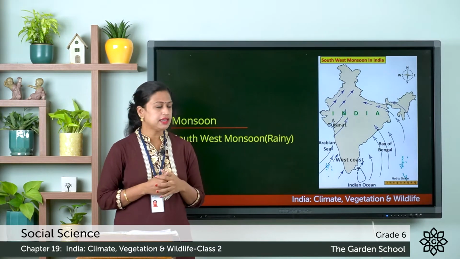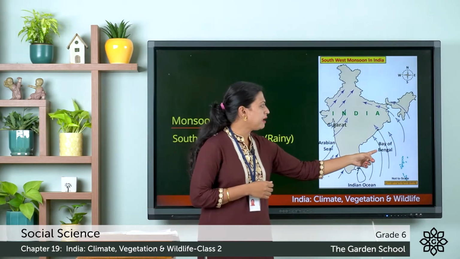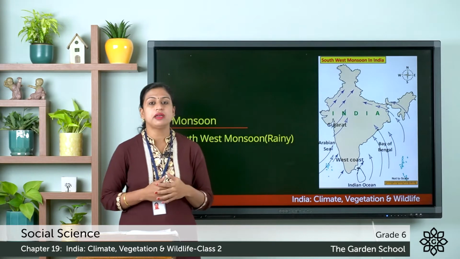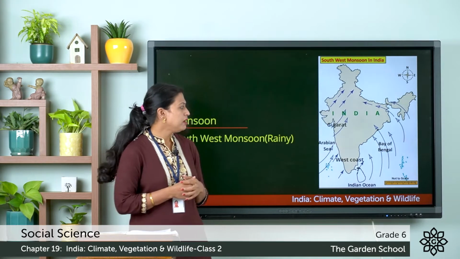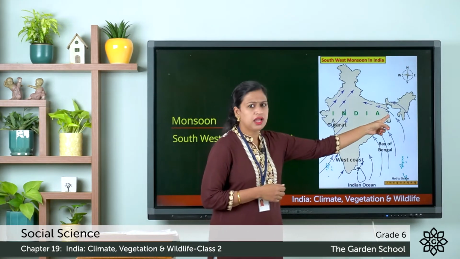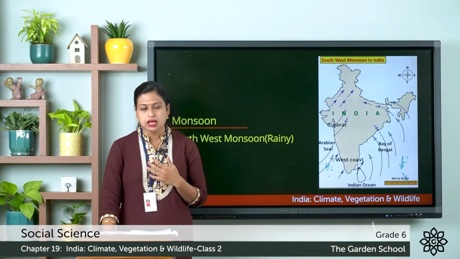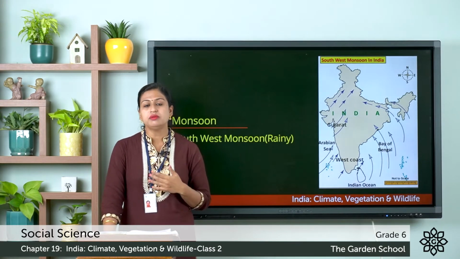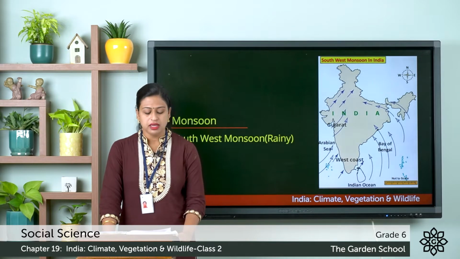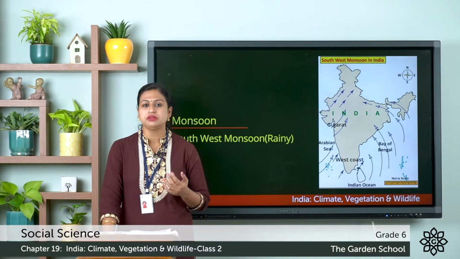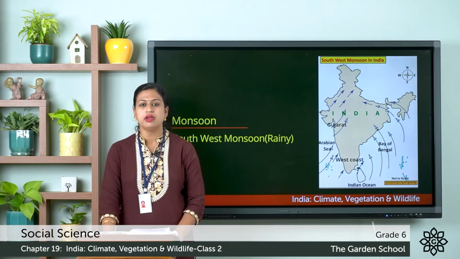The second branch, the Bay of Bengal branch, is further divided into two branches. One moves towards eastern India, Myanmar and Bangladesh, and the other one moves into the northern plain in the Gangetic Valley and towards the low pressure region of the northwestern part of India.